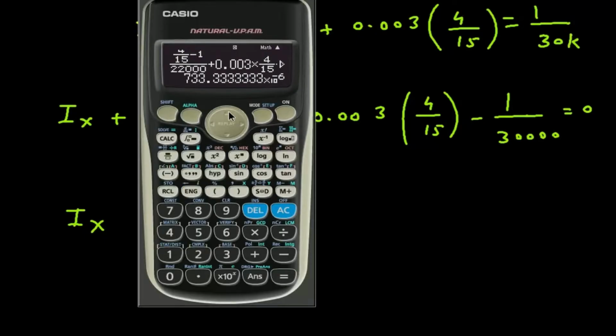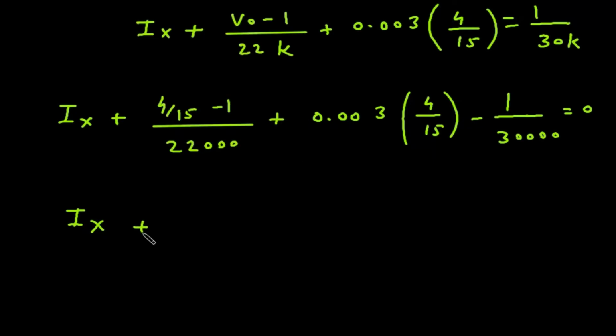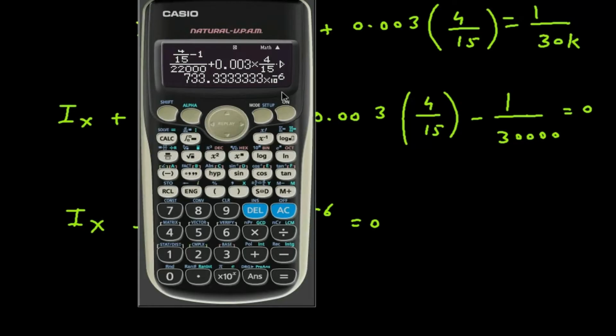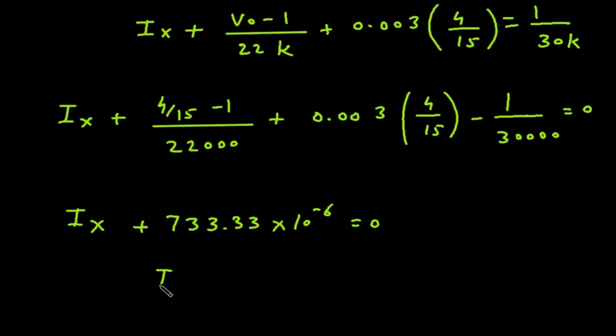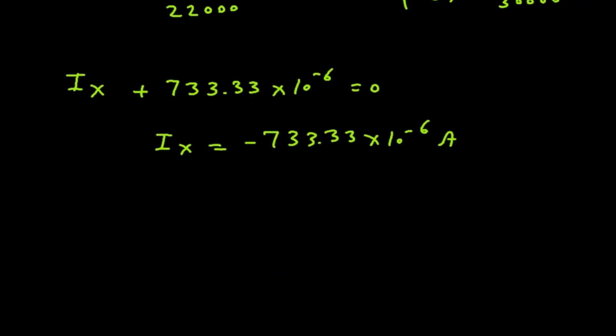So it is 733.33 plus 733.33 into 10 raised to the power minus 6 is equal to 0. Therefore, Ix is equal to minus 733.33 into 10 raised to the power minus 6 ampere. This is the value of Ix.